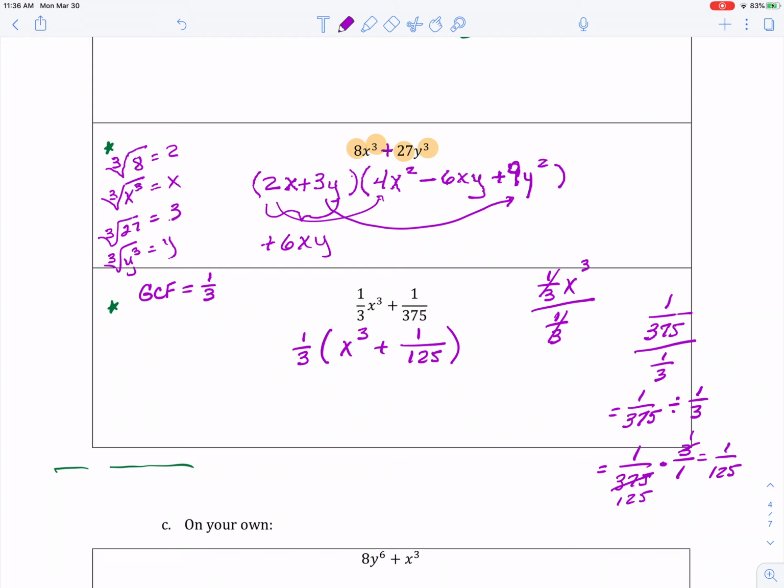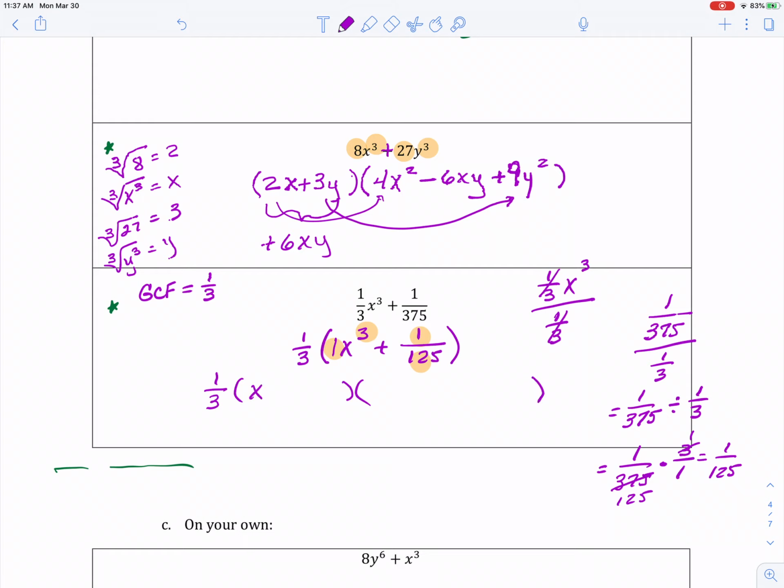So now I'm noticing that these numbers in here, 1 is a perfect cube, 125 is a perfect cube, this exponent is a 3. So I'm thinking this is the sum of two cubes, but I have to hold on. Don't forget the 1/3, open up binomial and then larger trinomial.